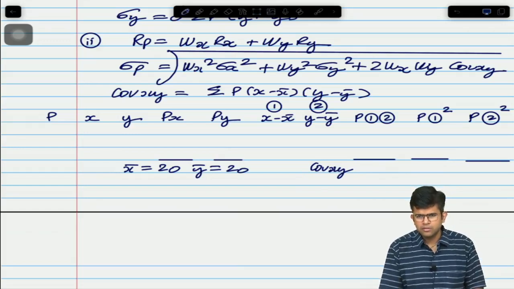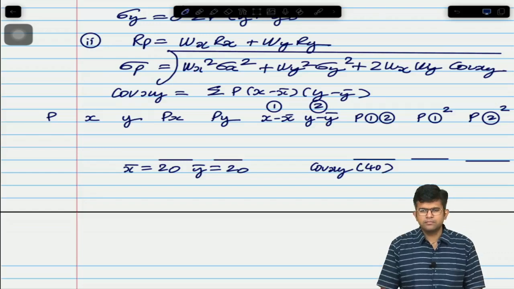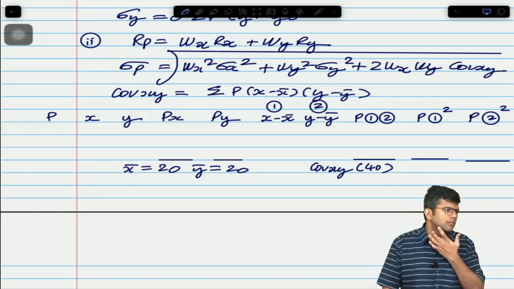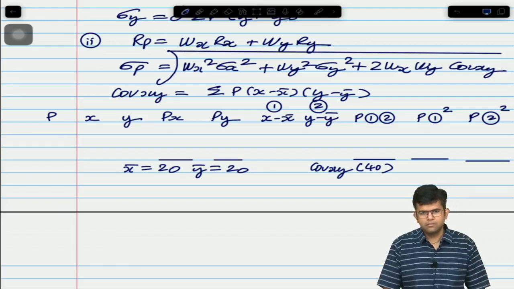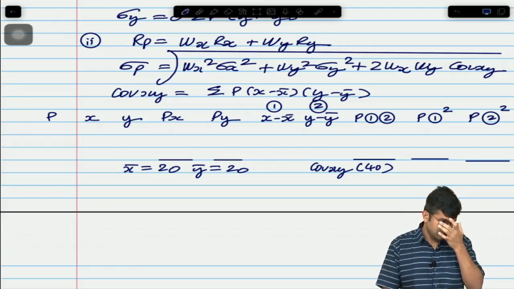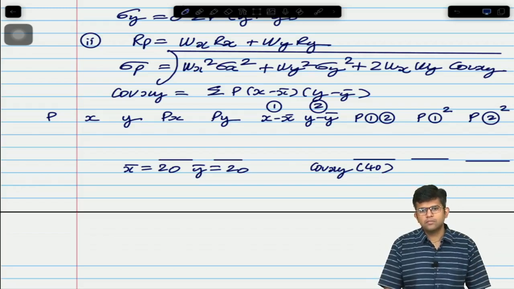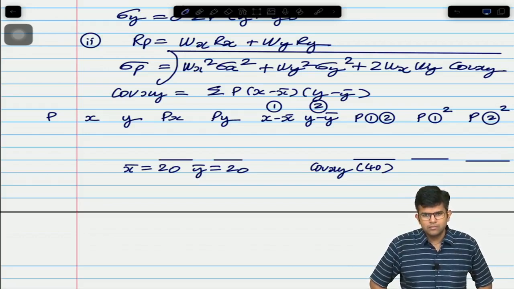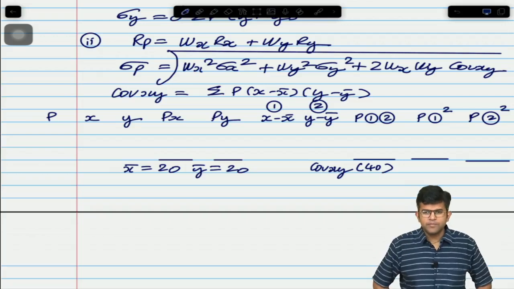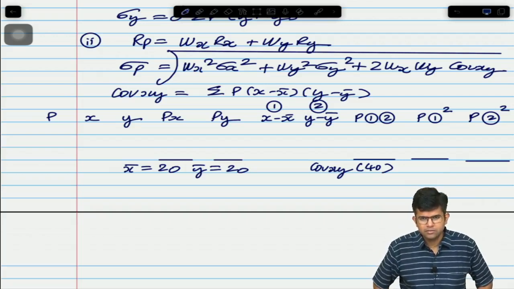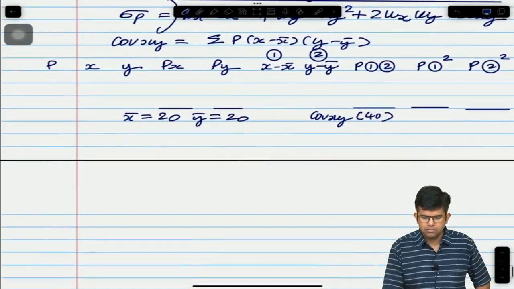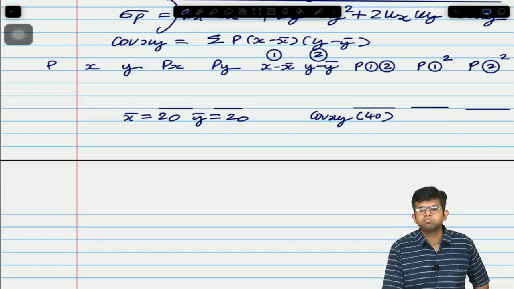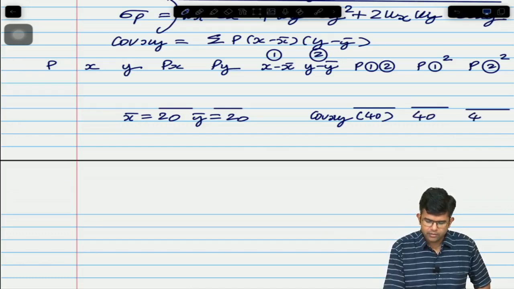Others, it is negative 40, no? Anyone got the totals of the last two columns? Oh, again 40. Okay.